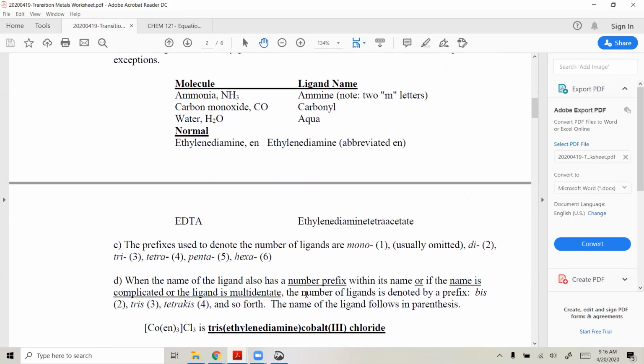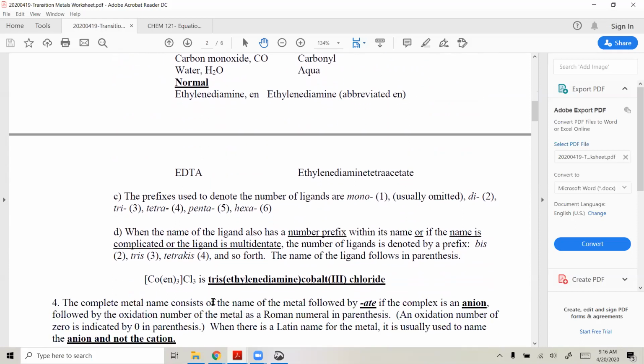And so you do want to know that that exists. It won't show up as often, and so it is something that I would like you to know. It's a little bit extra, but it's not going to be the main focus when we get into testing on the ligands. It is still something that you should know. It might be there for the extra credit points. And so that's what I would recommend.